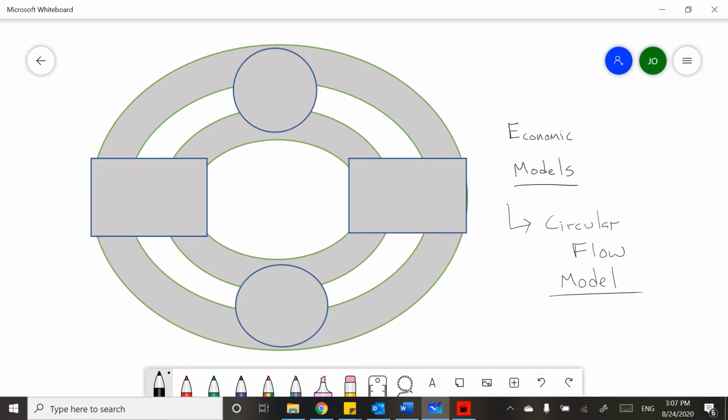In a way, they're asking, how does the economy work? Right? How does the economy work? Now, that is a very complicated question.